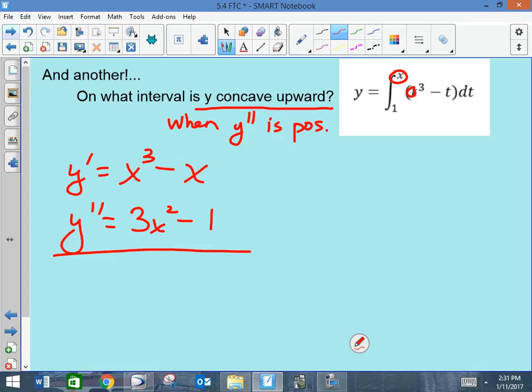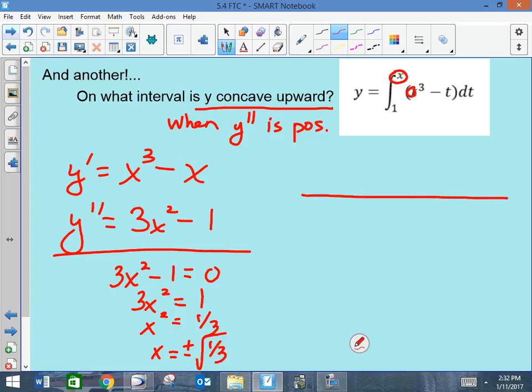Set it equal to 0. You have to start with 0 before we can do positive or negative. So 3x squared equals 1. X squared equals... so x equals negative 1/3 radical, positive 1/3 radical.